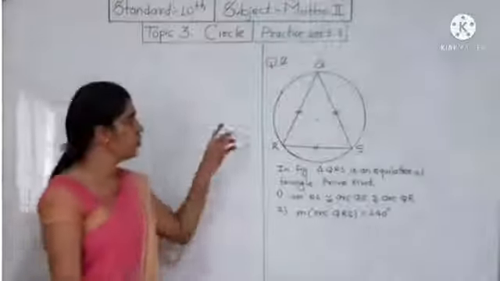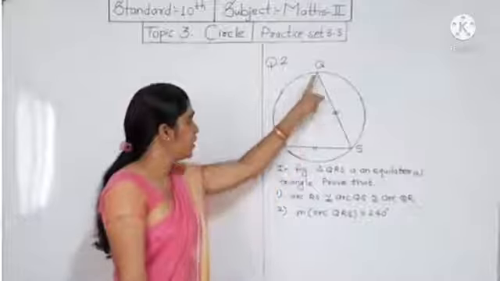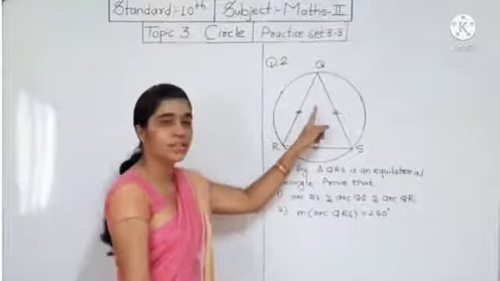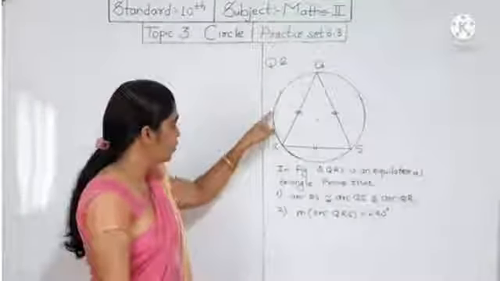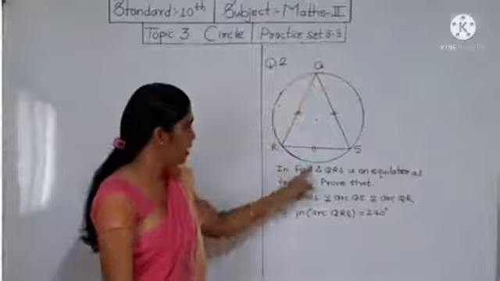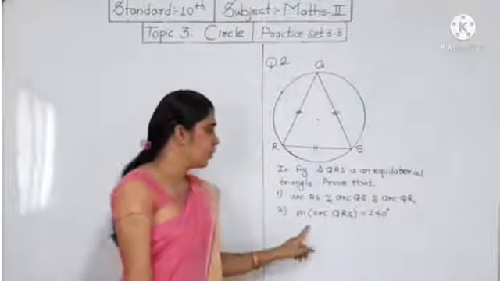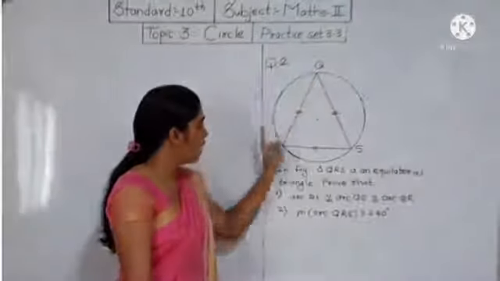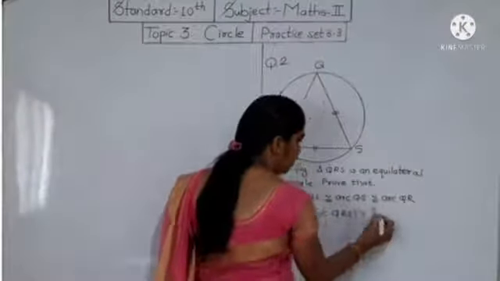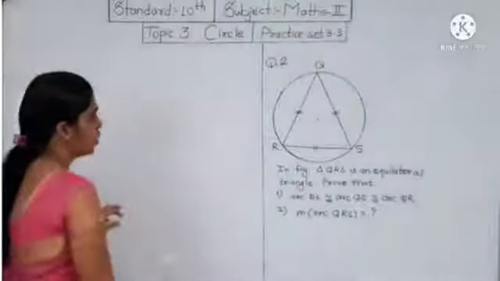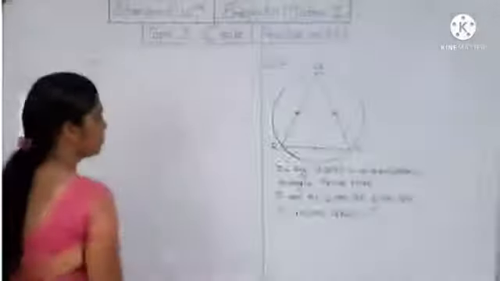See question 2. This is the circle given, and here in the figure, triangle QRS is equilateral, that is, all sides are equal. Then we have to prove that arc QR, arc RS and arc QS are congruent. And second, we have to find the value of arc QRS. Okay, so how to find? See, what are we given?